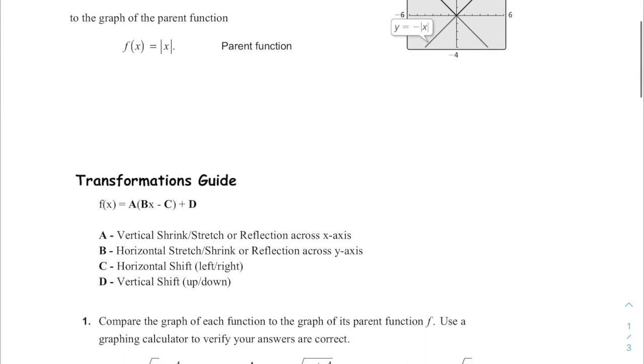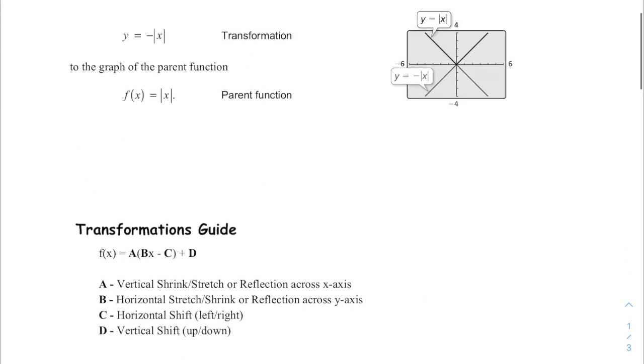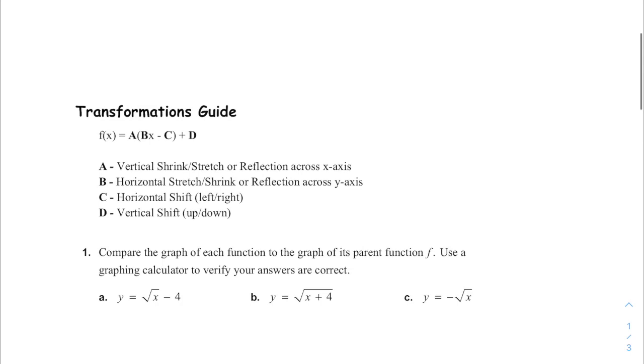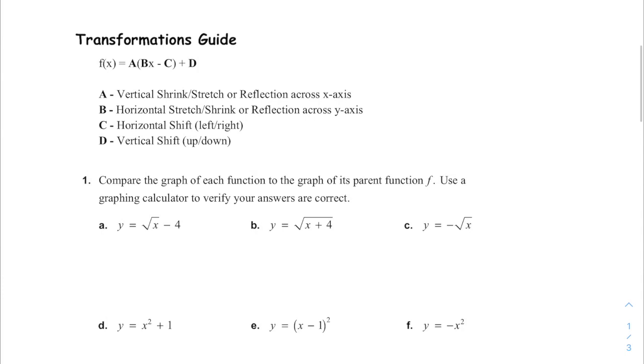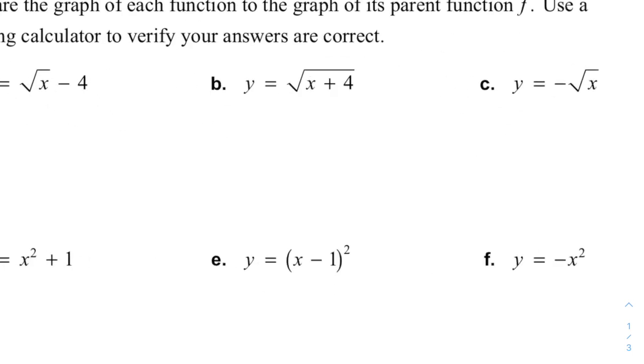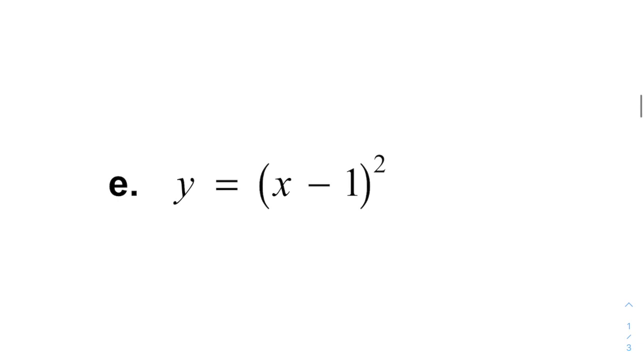So you're going to see here's that same guide that we had before, the A, B, C, and D and what it does. The same thing works with square roots, though we're not going to do square roots, so I'm not going to pay attention to those. But you'll see here, this is what we did last class. This right here is a change in the C, which is the horizontal shift.